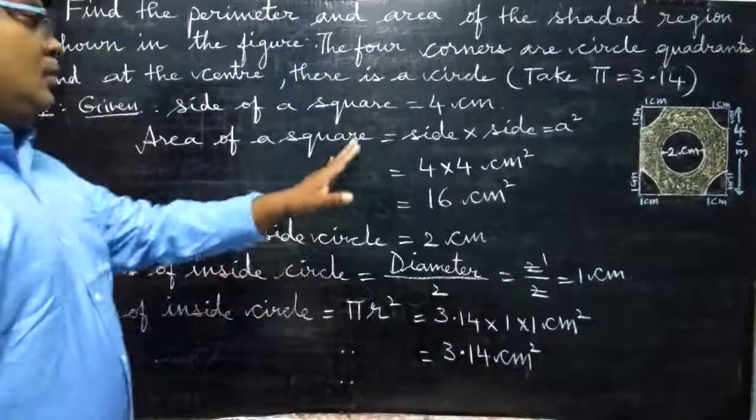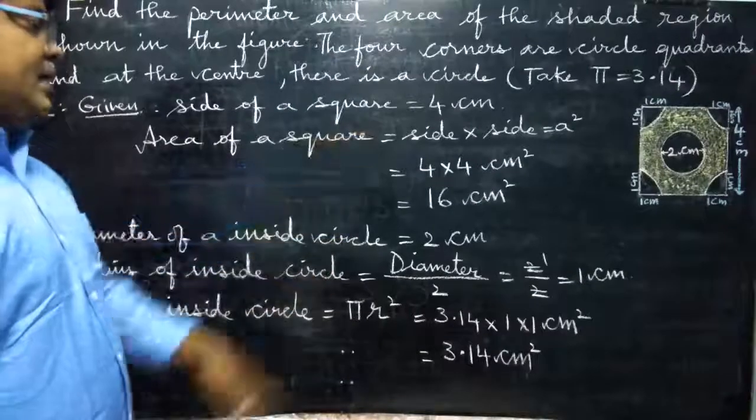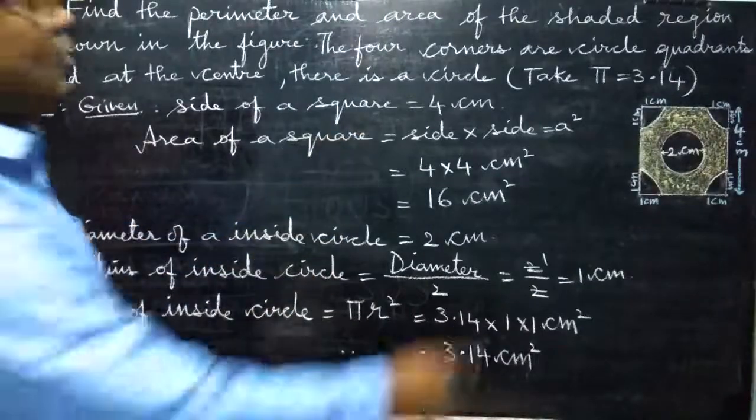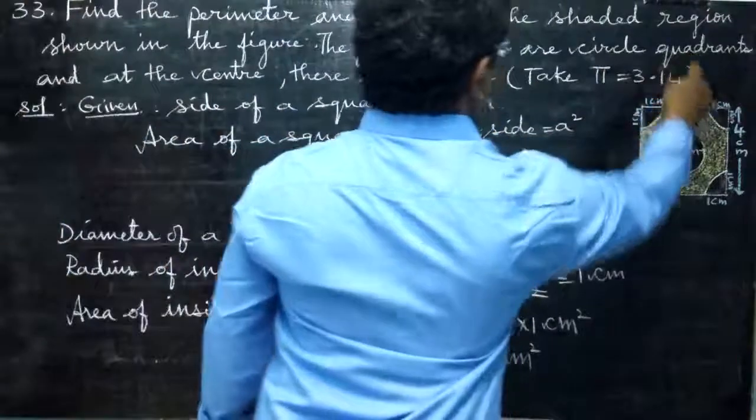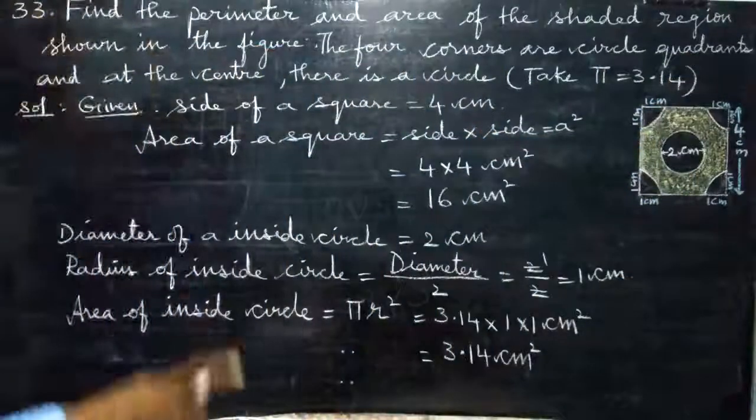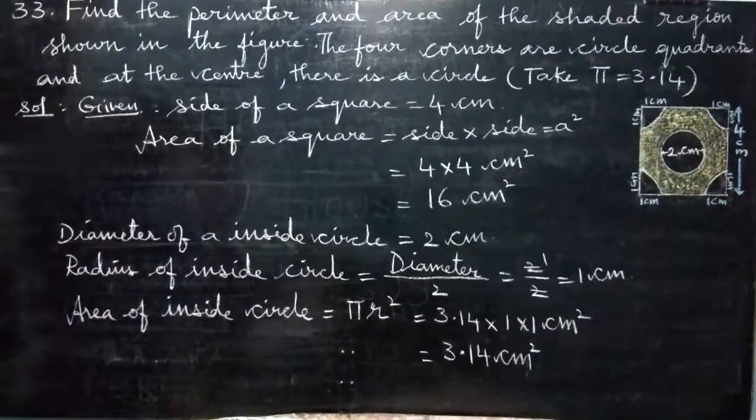Now find the four quarter circles, the four circles of quadrants. Four quarter circles is equal to 1 circle.